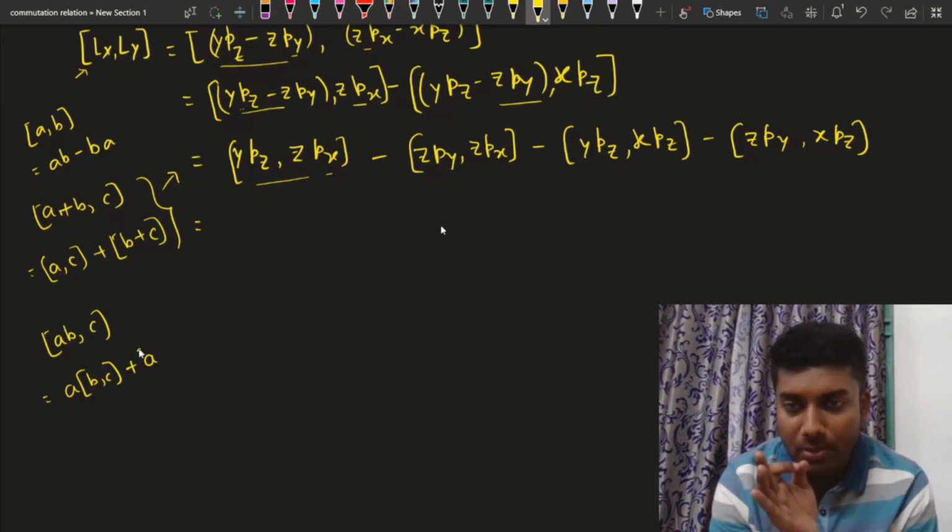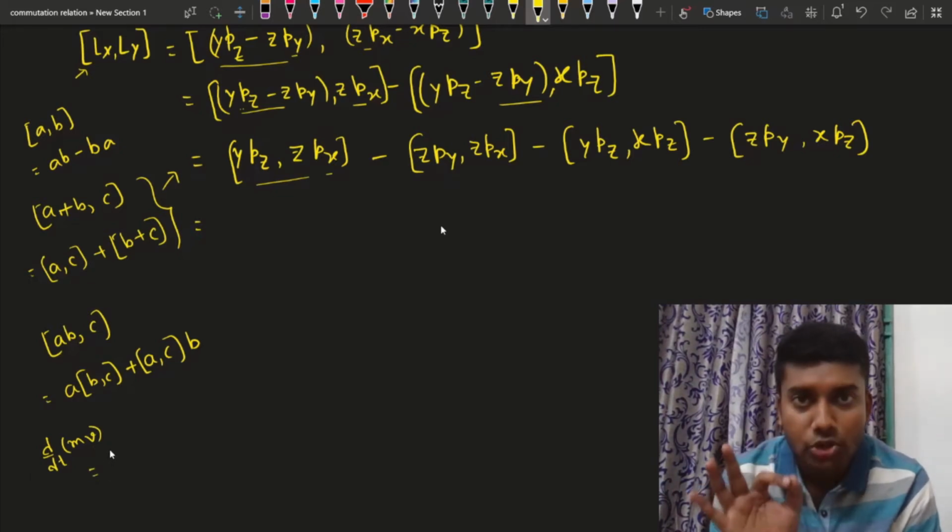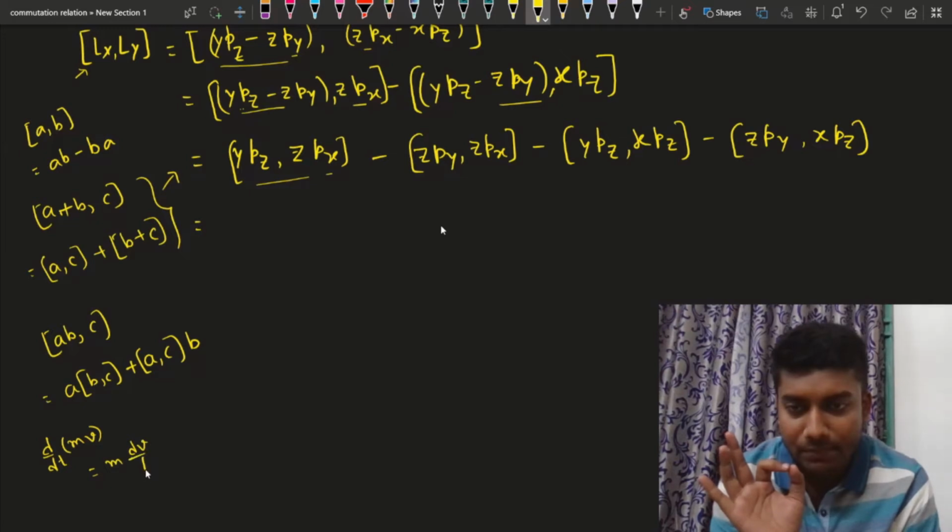A is inside the commutation bracket and B is outside. It is similar to the derivative d/dt of, suppose, mv, the momentum. The actual process is m fixed, dv/dt.